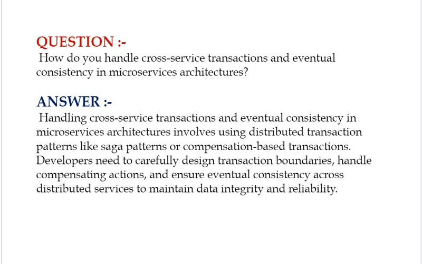Our next interview question is: how do you handle cross-service transactions and eventual consistency in microservices architectures? Your answer should be: handling cross-service transactions and eventual consistency in microservices architectures involves using distributed transaction patterns like Saga patterns or compensation-based transactions.